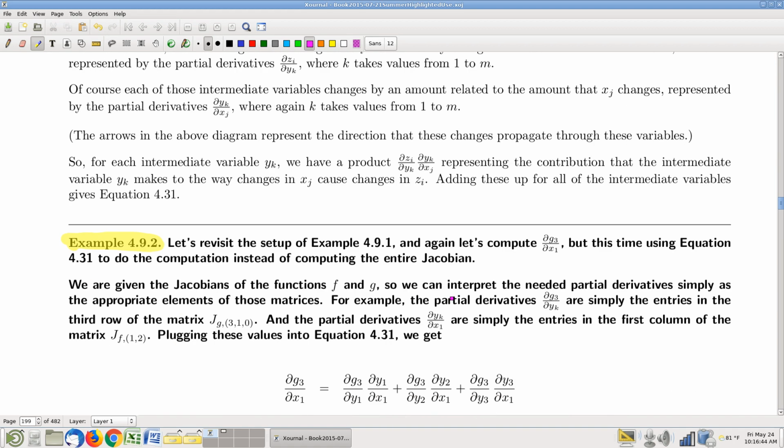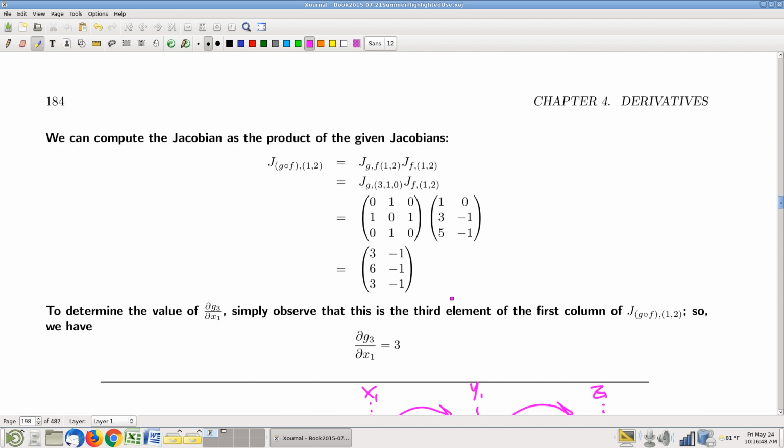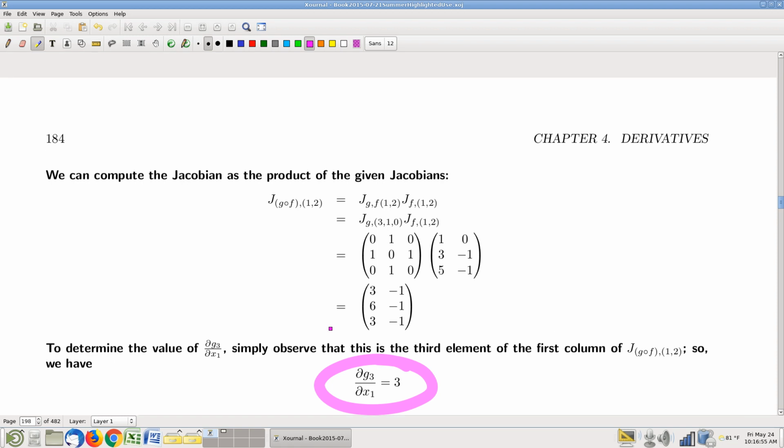Okay, so here's a quick example. Now, the last thing we did last time was we talked about how you can compute this. In this previous example, you can compute the partial of G3 with respect to x1 by viewing it as the appropriate element of that product Jacobian, right?